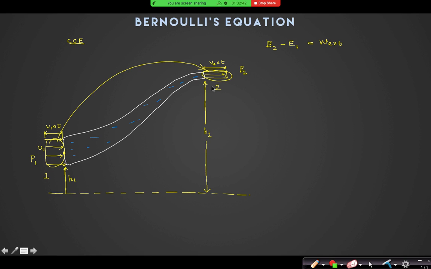Now energy at position 2, can I say this energy is equal to mass m2 g into h2 plus kinetic energy, half m2 v2 square, minus E1, which is m1 g h1 plus half m1 v1 square.